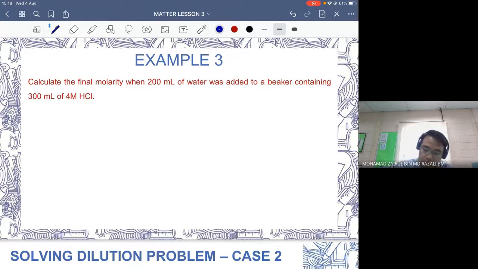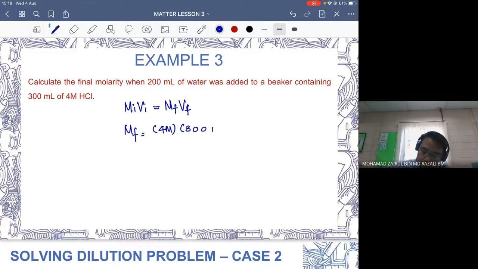So we can use molarity initial, volume initial equals to molarity final, volume final. So molarity final is equal to 4 molar multiplied by 300 ml over 500 ml. So boleh cancel out unit.